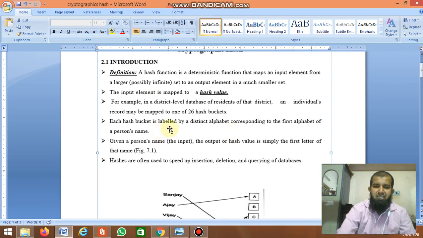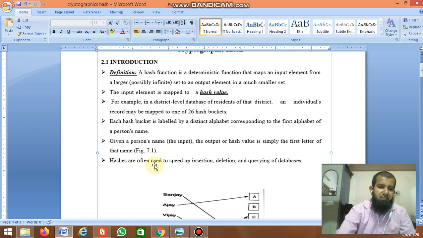Each hash bucket is labeled by a distinct alphabet corresponding to the first alphabet of a person's name. So here Sanjay maps to S, Ajay maps to A. Given a person's name, this is our input, and the output or hash value is simply the first letter of that name.